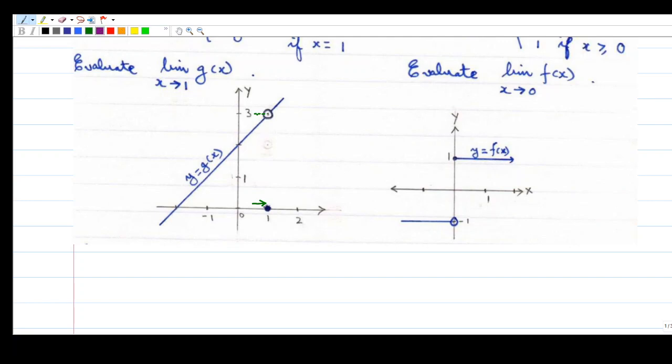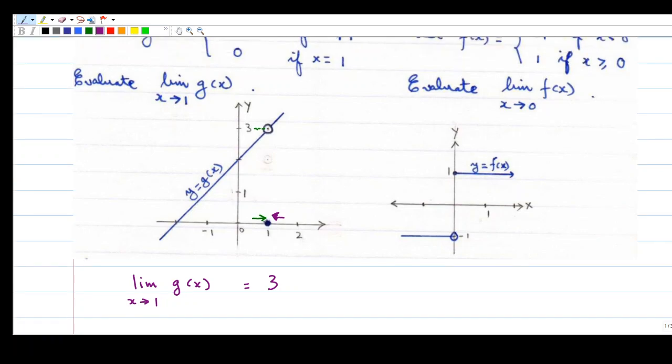As x approaches 1 from the right, the output also approaches 3. So therefore, the limit of g of x as x approaches 1 is equal to 3.